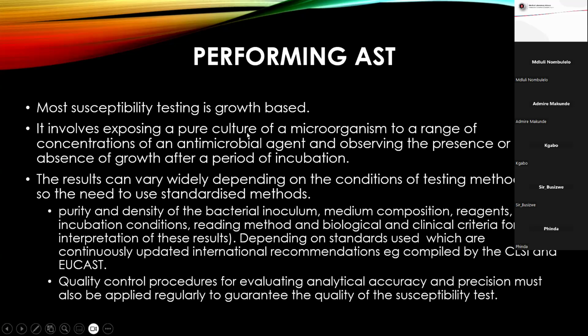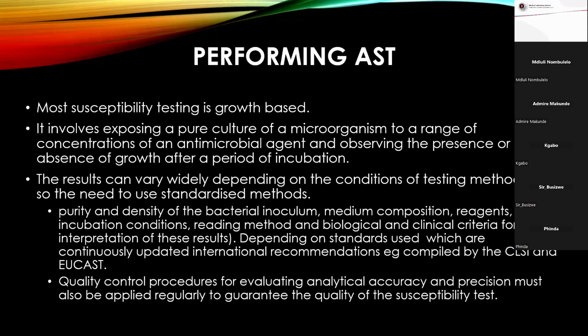How is it done? Most AST is done by the growth method. So you have to grow an organism, then from that growth you subject it to antibiotics. But there are other methods where you don't need to grow the organism. Recently there's been a lot of talk about PCR. We can utilize PCR and not even grow the organism on culture, so you don't need those incubations, which you need overnight.